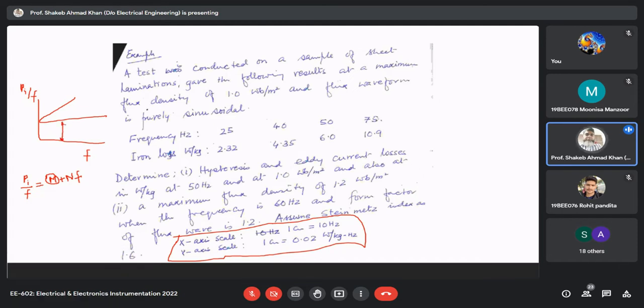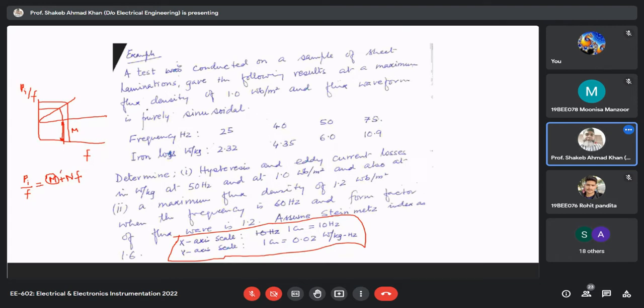as per the given scale, and then any 2 points we can take on the straight line, and then we can find the slope of it, y2 minus y1 upon x2 minus x1.